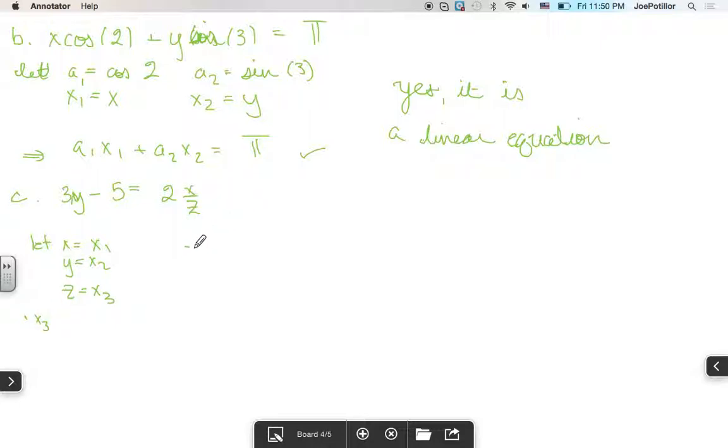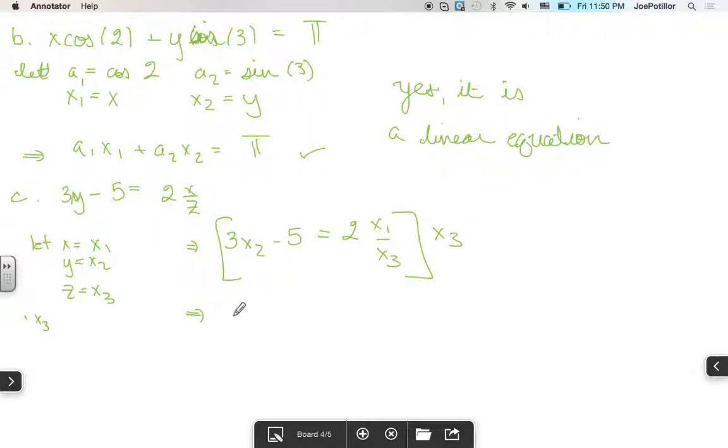So thus, we'll rewrite it first. We do it with 3x2 minus 5 equal to 2x1 over x3. Multiply both sides by x3.